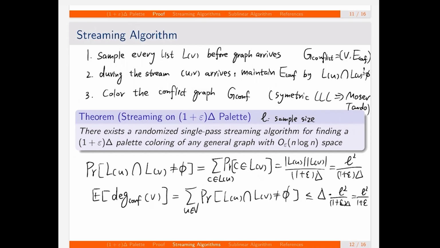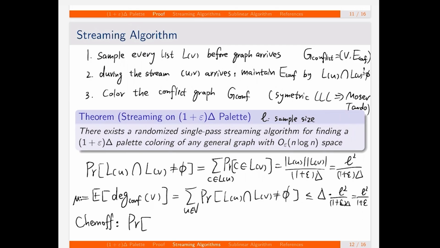Now we have this quantity, and what we can do here is use the Chernoff bound. Let the expected degree of the conflict graph be mu. We can apply this because the degree of the conflict graph is a sum of independent variables.